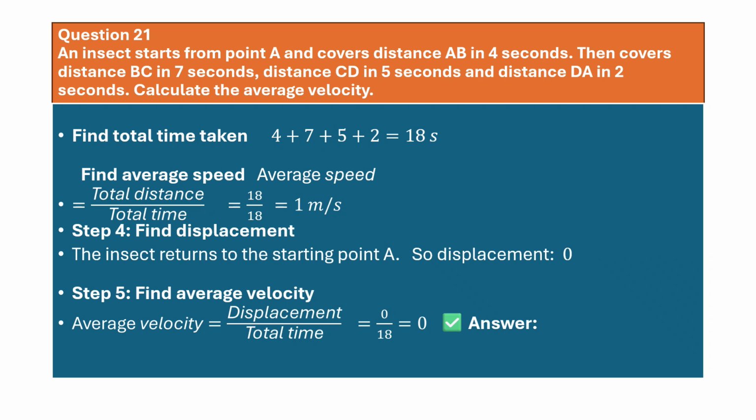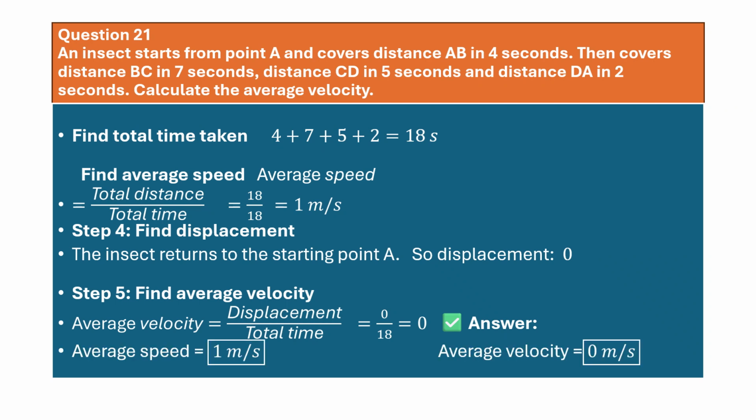It starts from the initial position and comes back, so displacement will be 0. So displacement upon total time, that is 0 upon 18, will give you 0 as the answer. So what is the final answer here? Average speed is 1 meter per second and average velocity is 0 meter per second.